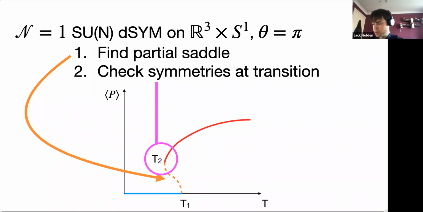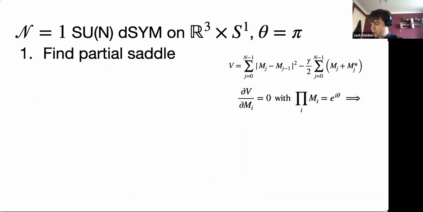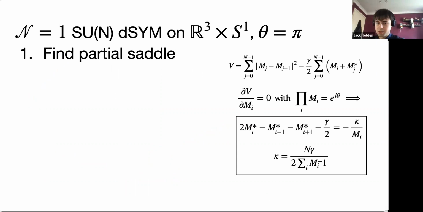So to test this will be our approach. First, we find the partial saddle, and then next we check for transitions occurring at the point between the deconfined and the partial saddles. So we find the partial saddle by the action that I showed you, which reduces to this simple matrix model in the limit of small radius.